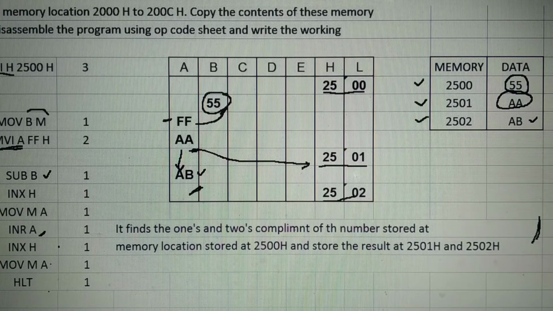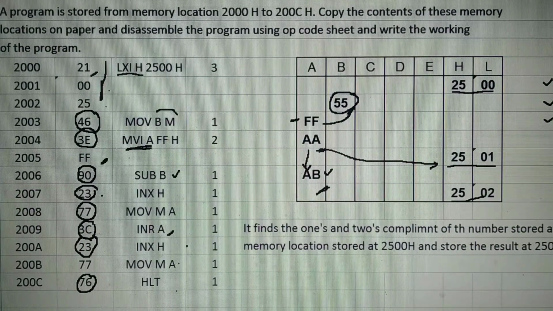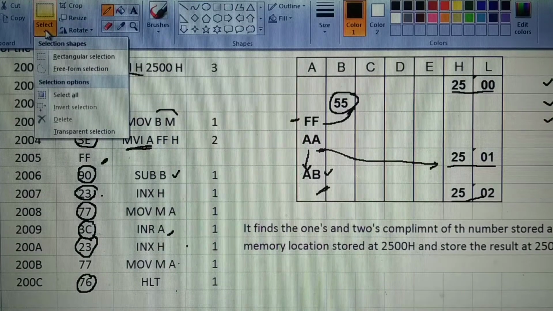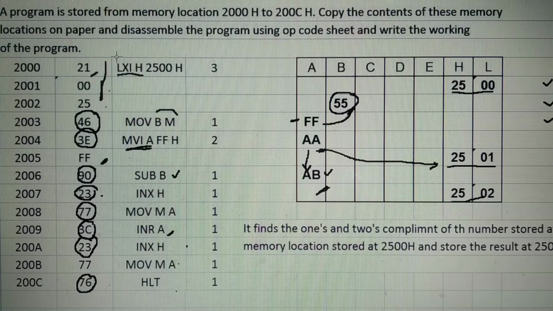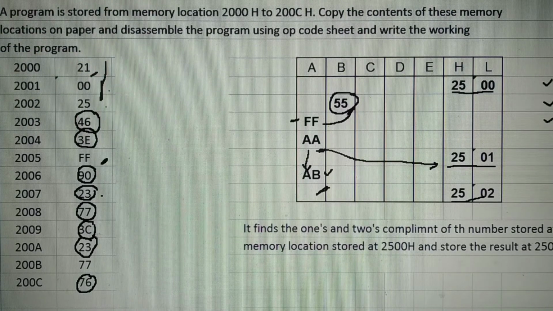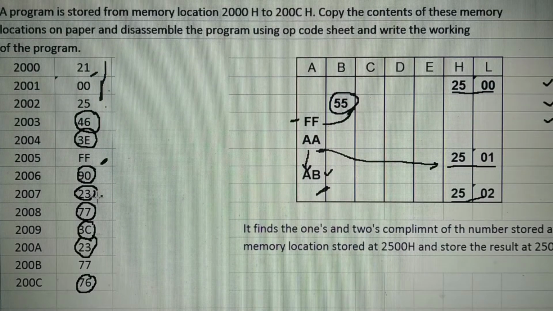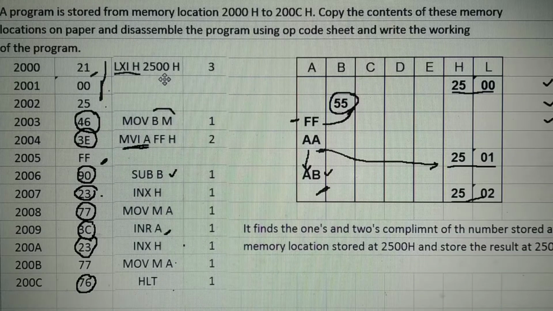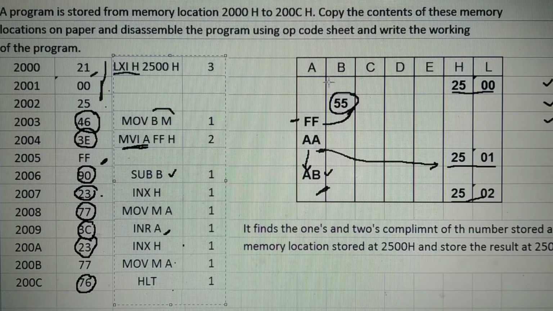At the time of execution, you will get only the operation code part. You will get only this much; the other part is not there. From this, you have to find out the instructions and write them down. From the instructions, you have to write down the content of each and every register after execution of each instruction, and you have to write down the purpose of the program.